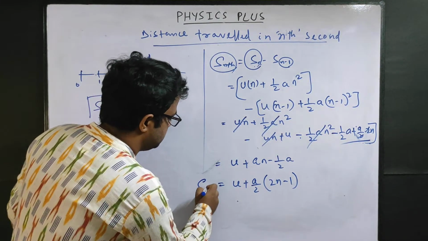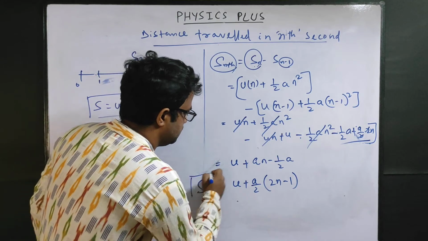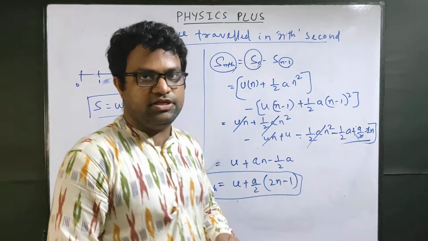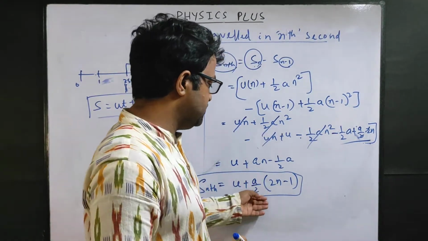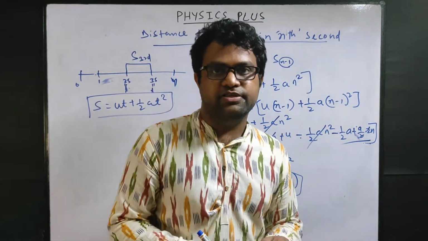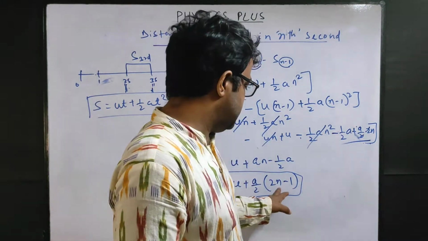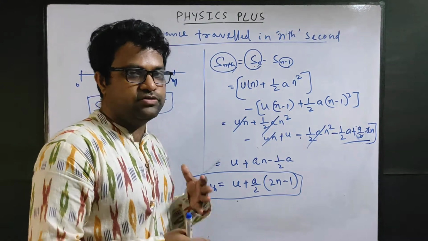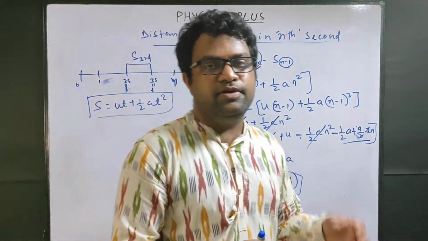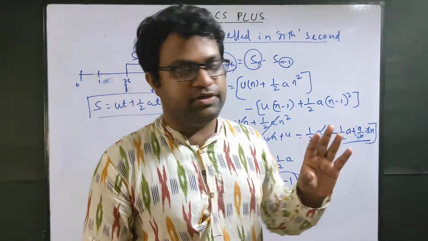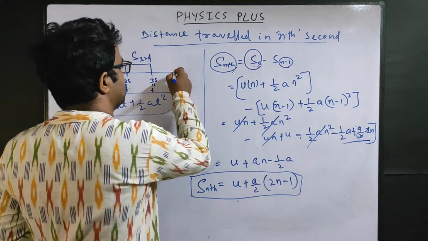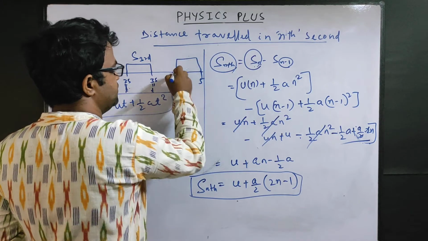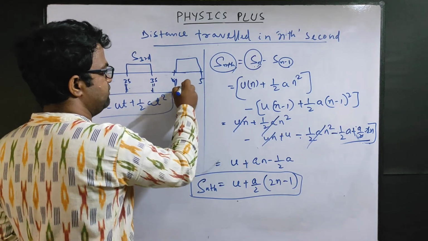So this is your result: distance traveled in nth second is u plus a by 2 into 2n minus 1, where u is the initial velocity, a is the acceleration, and n is the nth second. So for the fifth second, if in the question it is given that the distance traveled in the fifth second is 24 meter, fifth second means 4 second to 5 second, that is your fifth second.